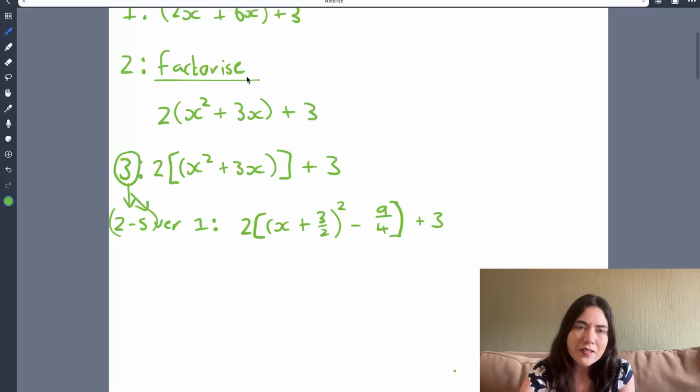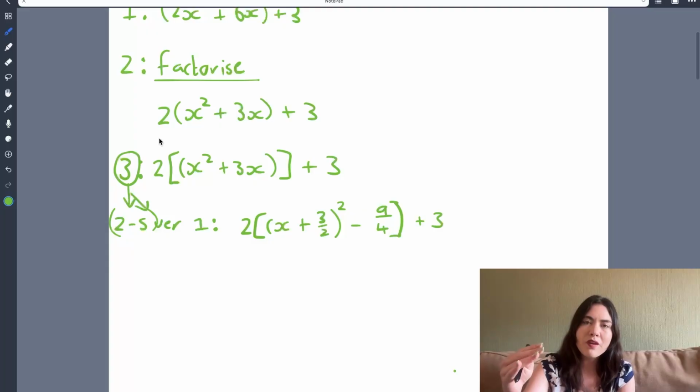Because we've already divided 6 by 2 when we factorized, a lot of people forget to divide by 2 again when you complete the square. So make sure that you are following the steps and actually dividing by 2 twice if the number in front of x squared is 2. If it's 3, then you'll divide by 3 and then you'll divide by 2. But you always need to make sure that when you're completing the square, you divide by 2. So that's the first common mistake I see.